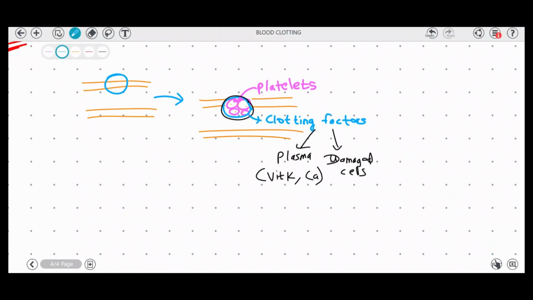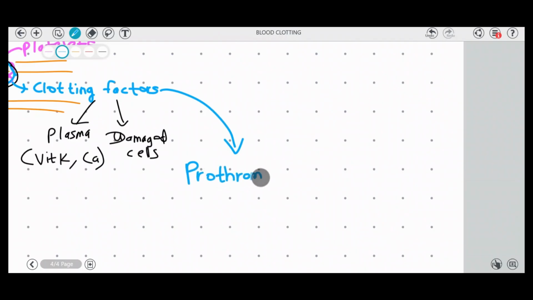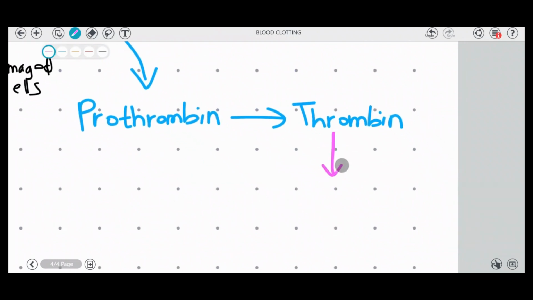What happens to these clotting factors? They are going to convert prothrombin to thrombin. Then the activated thrombin is going to convert fibrinogen to fibrin.